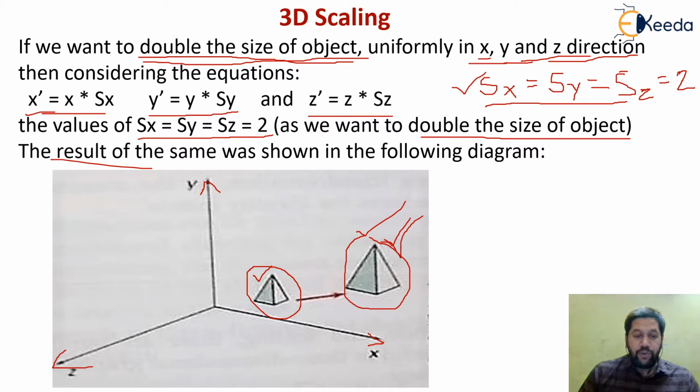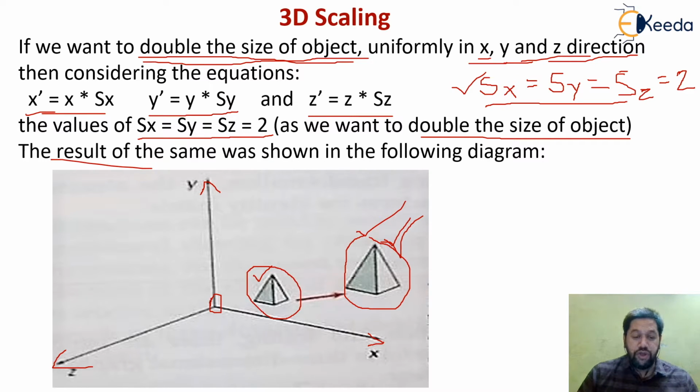Now you can find the object has also translated. The reason is I'm doing all this three-dimensional scaling with respect to my origin 0, 0, 0. Getting me? So I'm not doing the scaling from a fixed point or an arbitrary point. I'm doing this scaling with respect to the origin, where the x value is 0, y value is 0, and z value is 0.